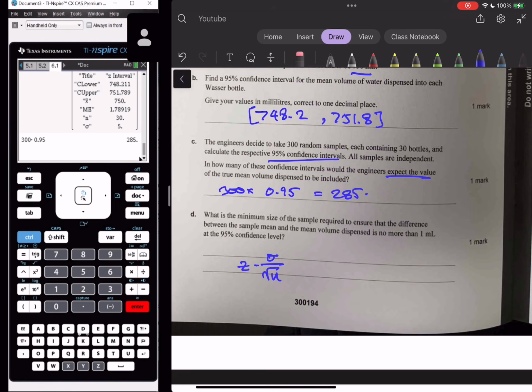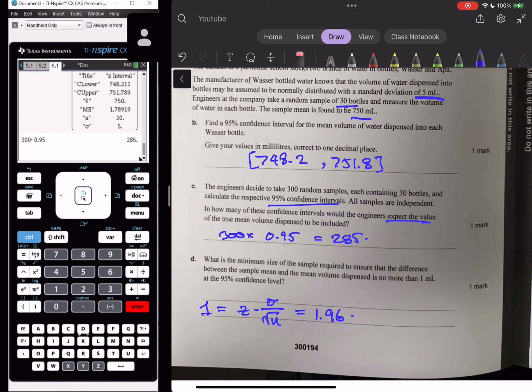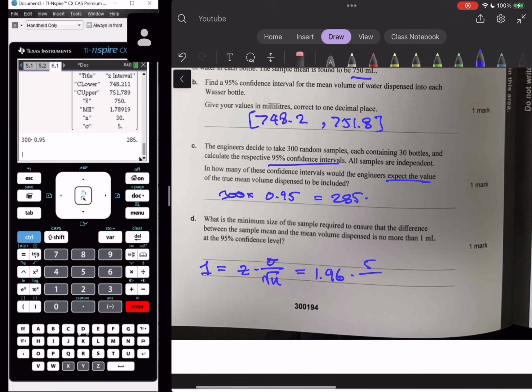We want this to be equal to, well, let's just set this to be equal to 1 at the moment. So this is 1, but this is equal to, for 0.95, I'm pretty sure it was 1.96, times sigma, which was not 30, it was, is it 5? It is 5. 5 over the square root of n.